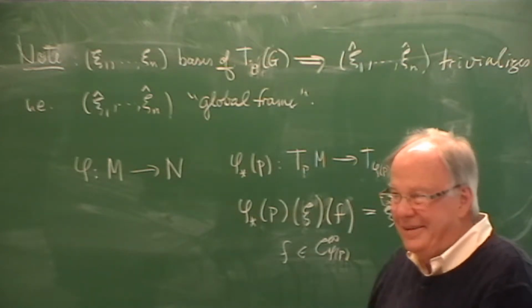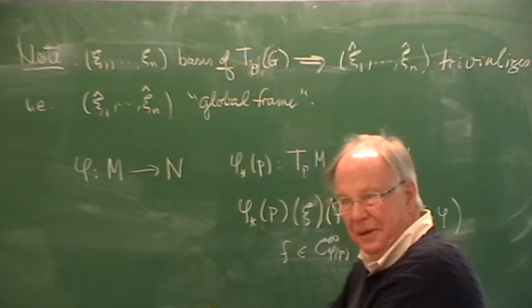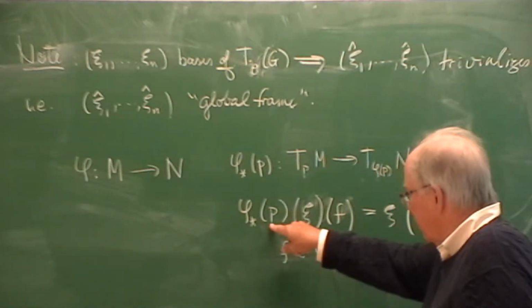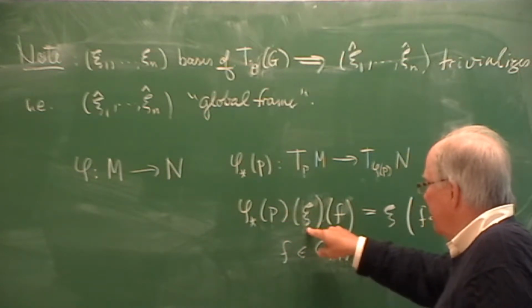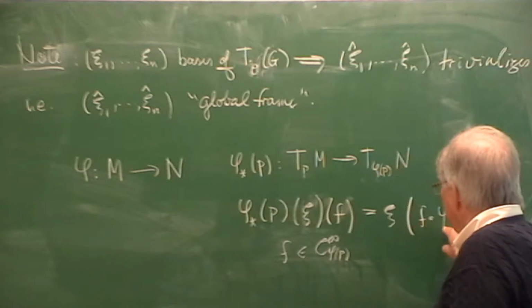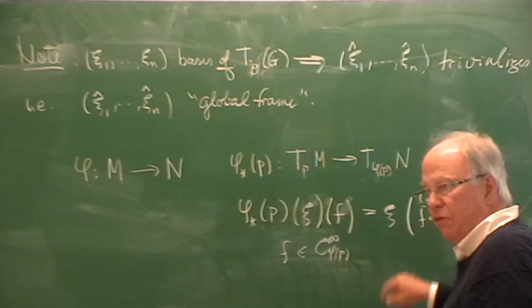Now, I want to push it forward. That means I have to differentiate functions at phi of P. So I have to say what is the push forward, starting at P, of a tangent vector at P, applied to a function f. I just compose f with phi. This is a function at P. I differentiate it. This is the push forward.